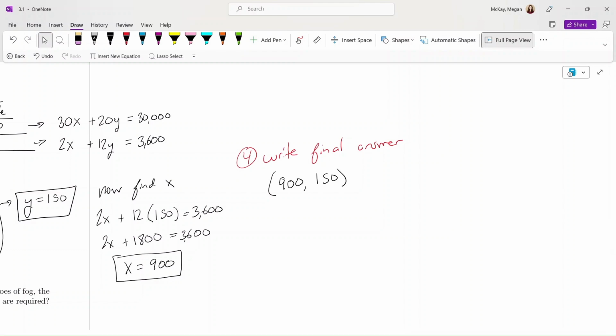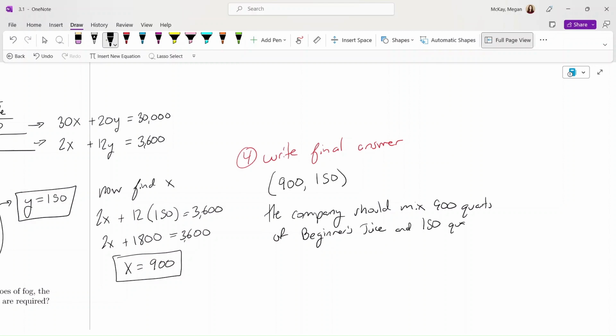So we can tell the company that the company should mix 900 quarts of beginner's juice and 150 quarts of advanced juice to use all of their available product.